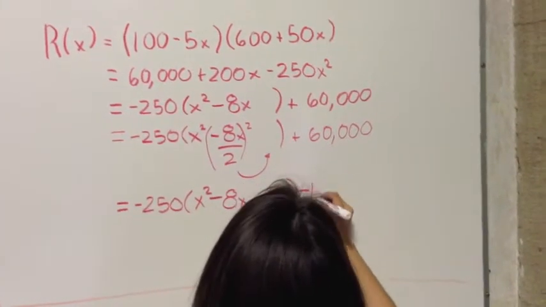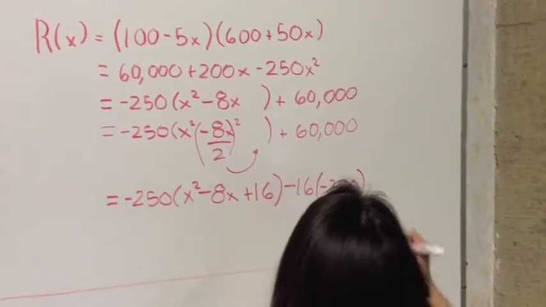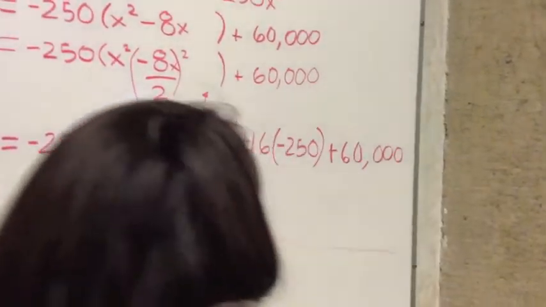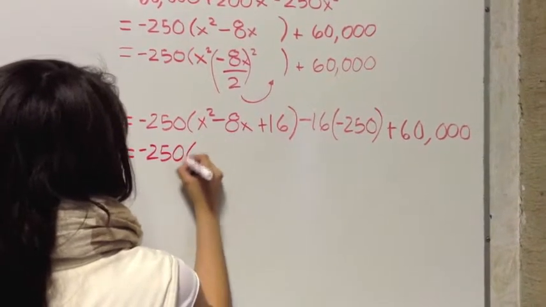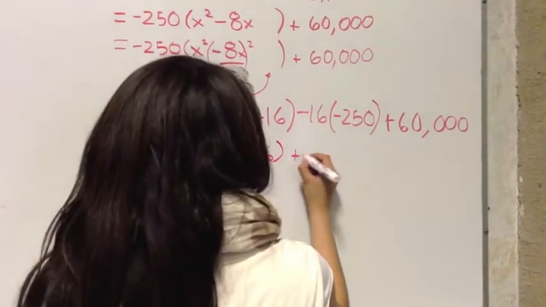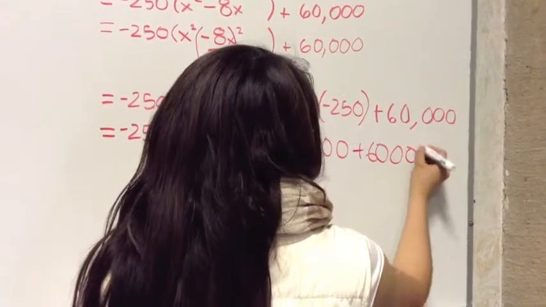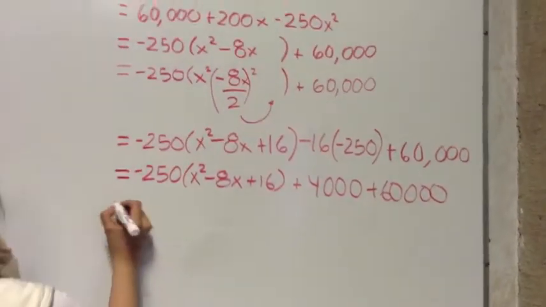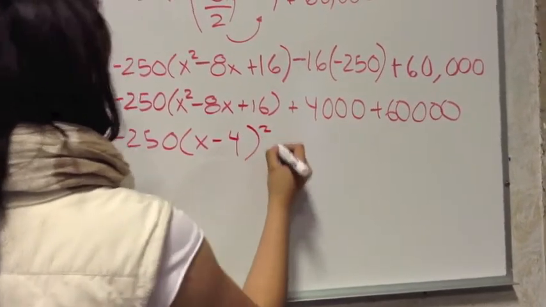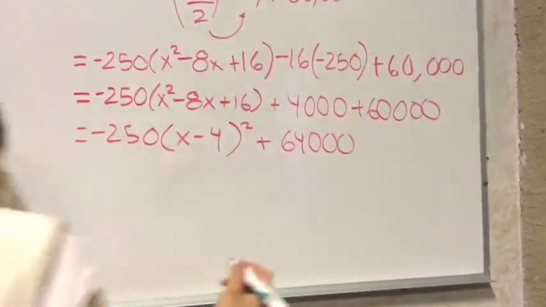Here we have to make a change of sign and multiply it by minus 250 and then add 60,000. Then we perform the operations, plus, because there are two minus signs, and add those numbers. Here we simplify the square: x minus 4 squared plus 64,000.